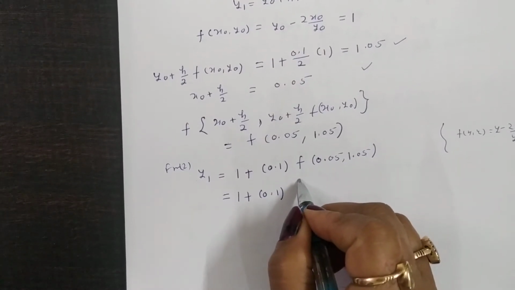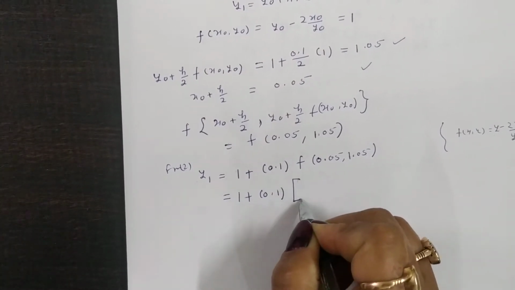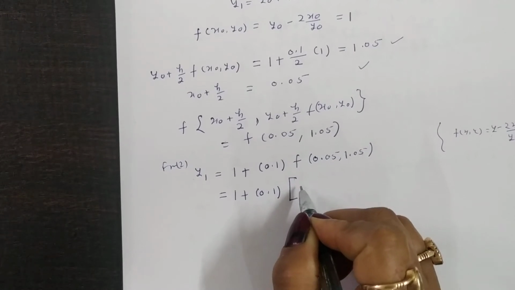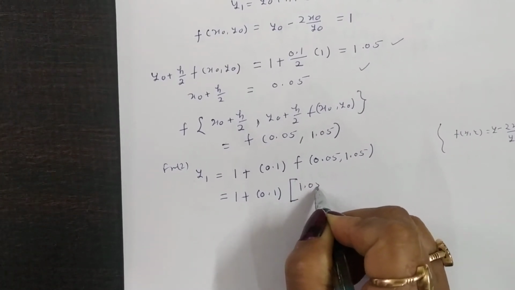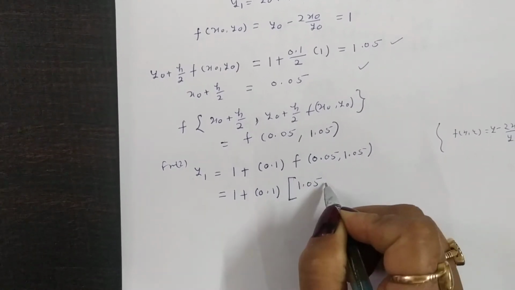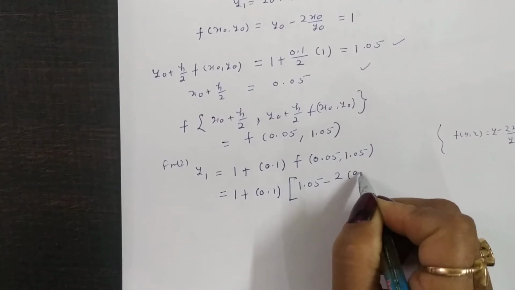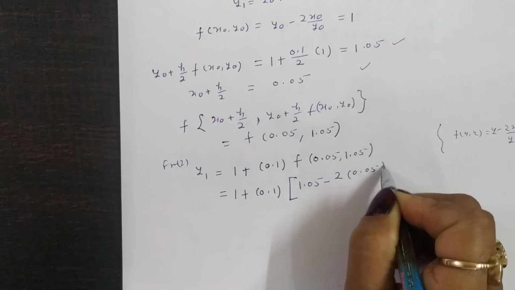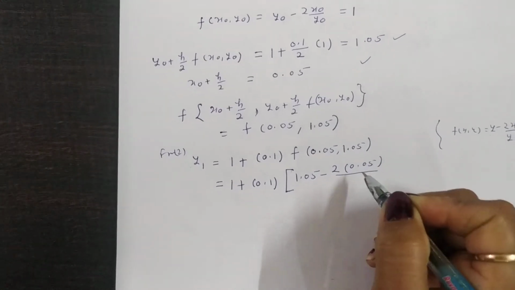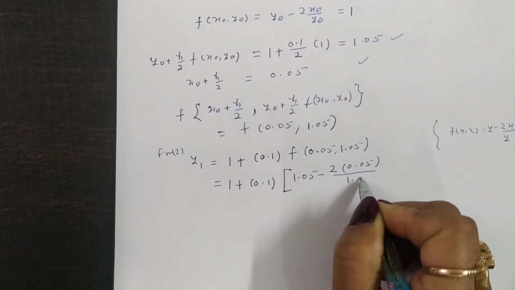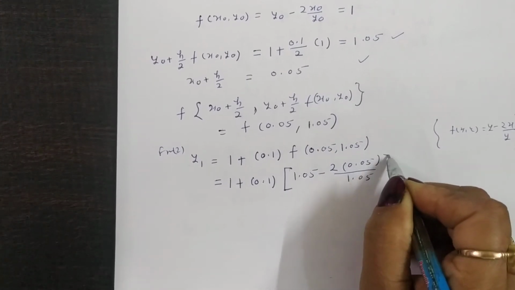Here we can write down this one: 1.05 minus 2 times x, which is 0.05, divided by y, and y is 1.05. Clear?